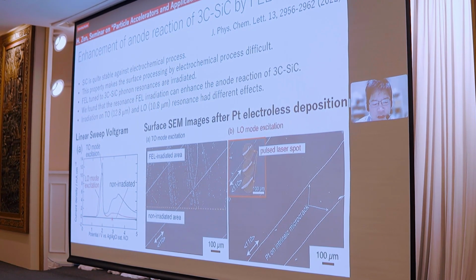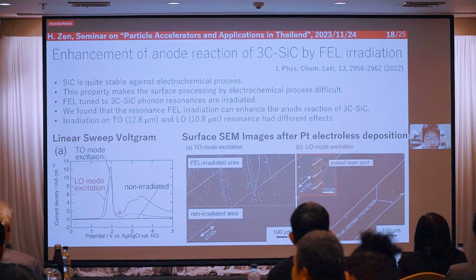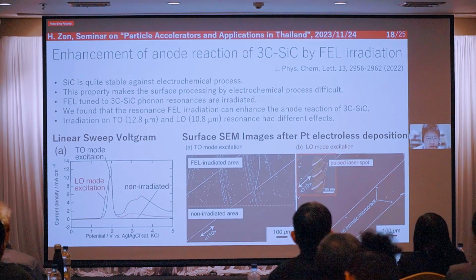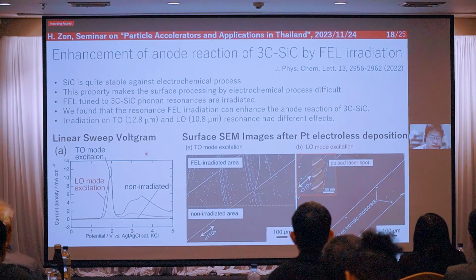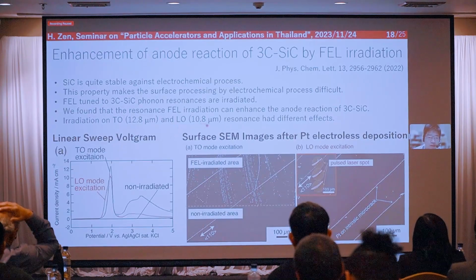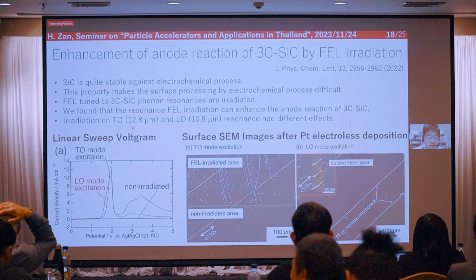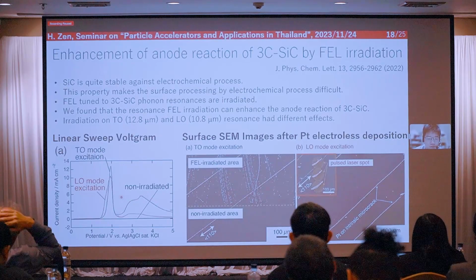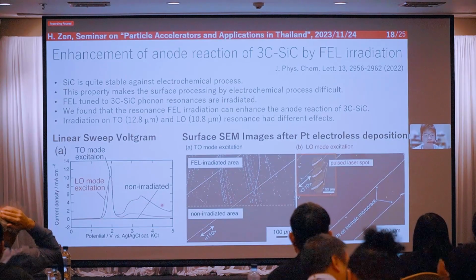Very small current only appeared, but with LO mode excitation or TO mode excitation, they found strong current flowing due to some modification of the sample by irradiation of the FL. Also, the LO mode excitation, which corresponds to 10.8 micrometer, and the TO mode excitation, 12.8 micrometer, showed different results. This is also interesting.